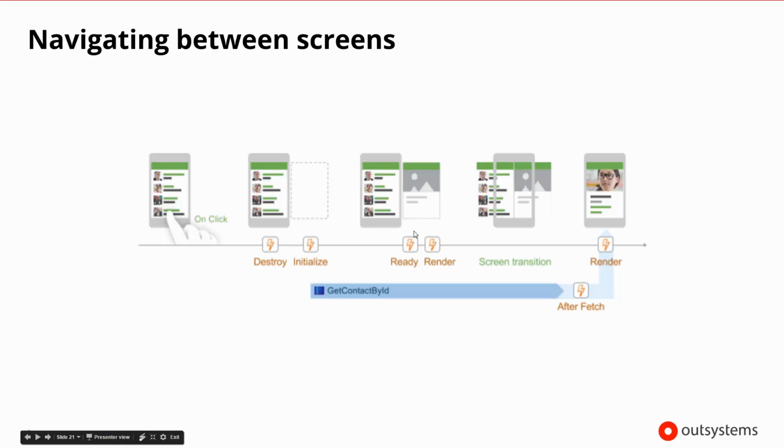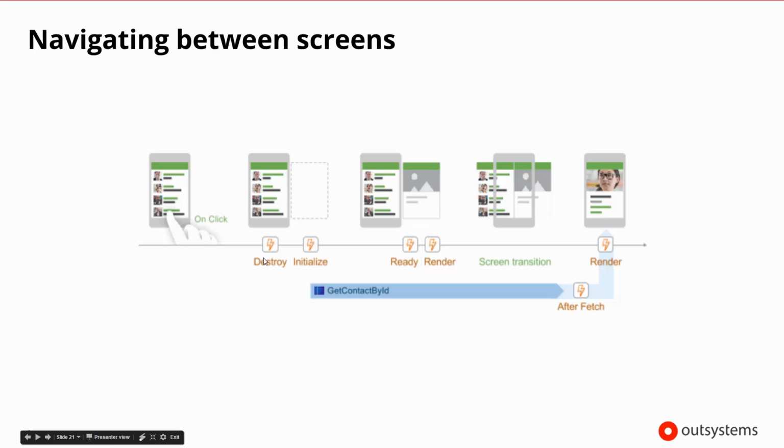Then we'll get back the ability to have the screen be ready. So it's been initialized, the data's been kicked off. Once the DOM is ready, the screen is ready to be rendered, and at this point, if we have said that between this particular screen and the new destination there is a screen transition, that screen transition will occur. That could be a slide left, slide right, fade in, lots of different screen transitions. And once it transitions to the new screen, the new screen is available and can be seen.